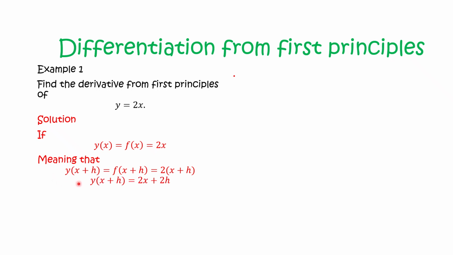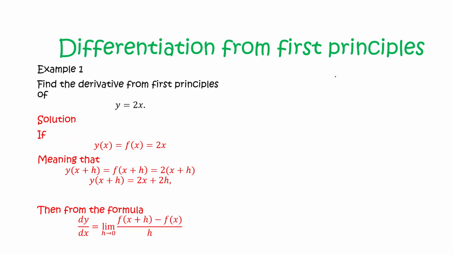Now, simplifying this further, we are going to have 2x plus 2h. Then, from the formula, dy dx, limit as h approaches 0 of f of x plus h minus f of x over h, we can go on to substitute for the f of x plus h and the f of x so that we have it in that form.